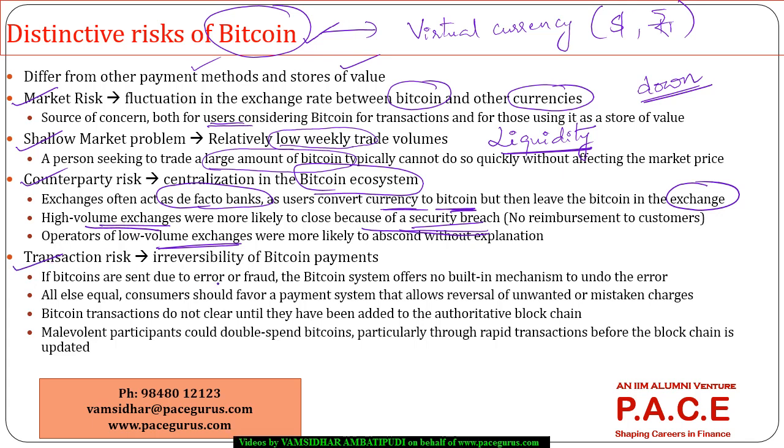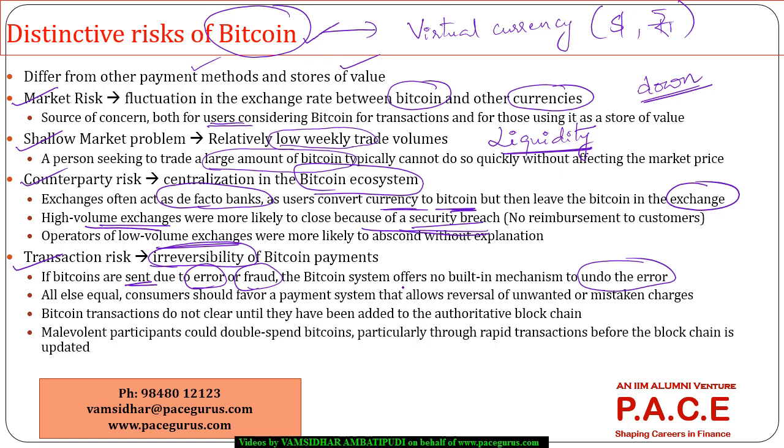Even the transaction risk is very high because it's very irreversible. Of any kind of Bitcoin payment that I have made, if I want to reverse the payment, it's a big difficulty. So if Bitcoins are sent purely due to error or fraud, there is no built-in mechanism to undo the error.